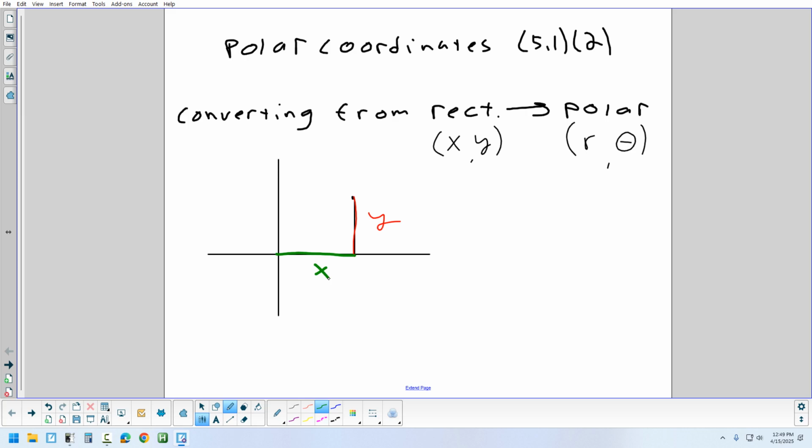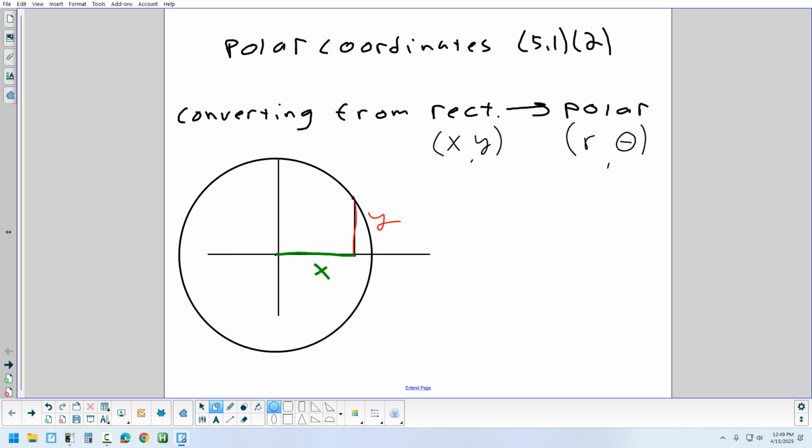Now the two things I need to figure out is what is the radius. So imagine putting a circle right there. The radius is really something else in that triangle. It's the hypotenuse, yep. So to find the radius, you're going to need to find the hypotenuse of that triangle, which we'll talk about in a second.